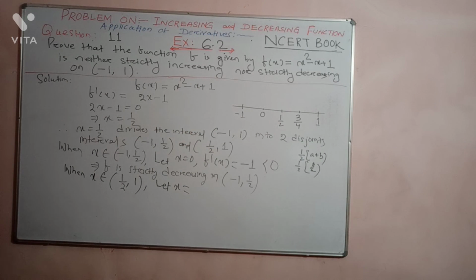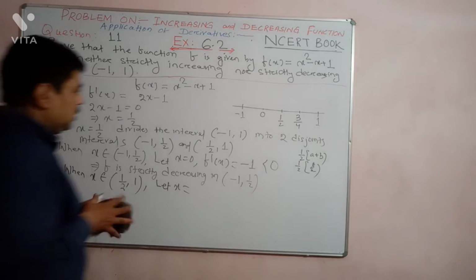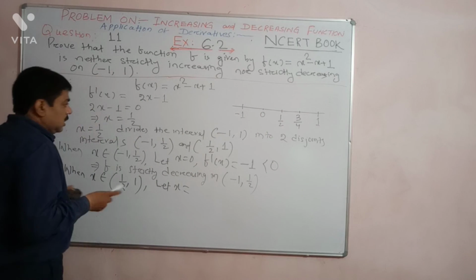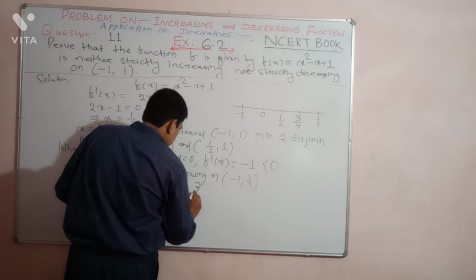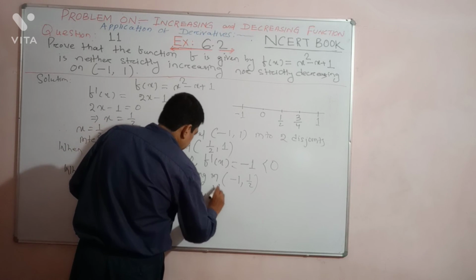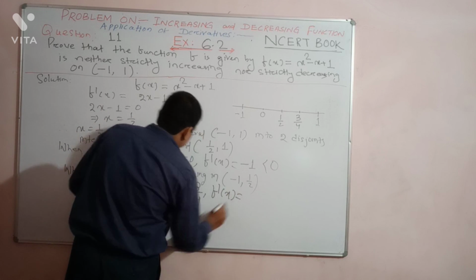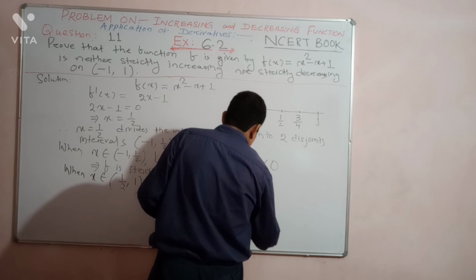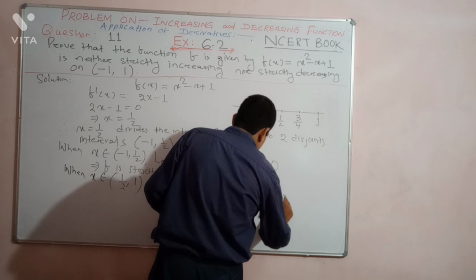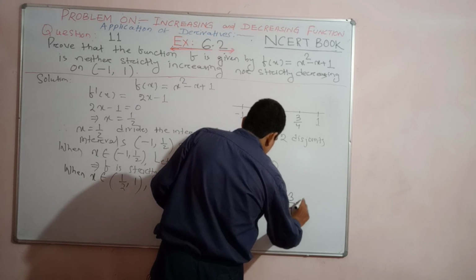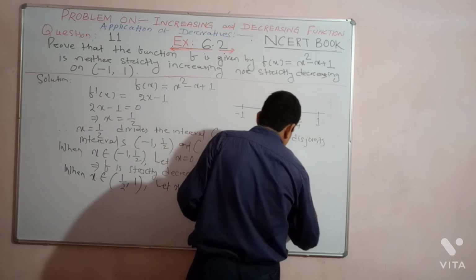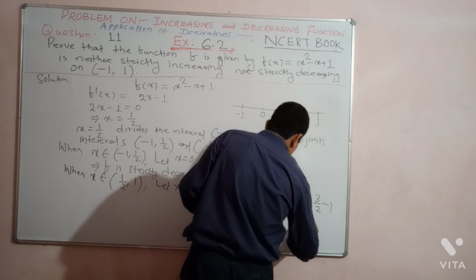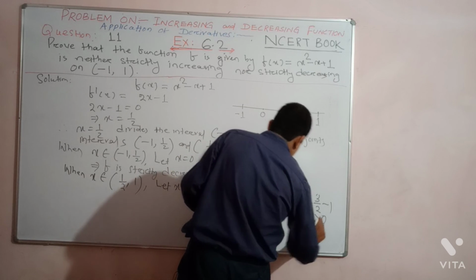Understand or not? Okay. So let x = 3/4 in this interval. Putting the value in f'(x) = 2x − 1, we get 2 into 3/4 minus 1, which is 3/2 minus 1, which is 1/2, and that is greater than 0.